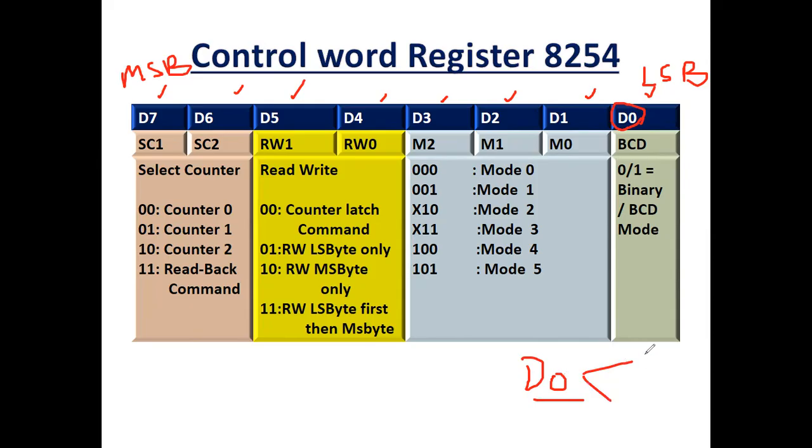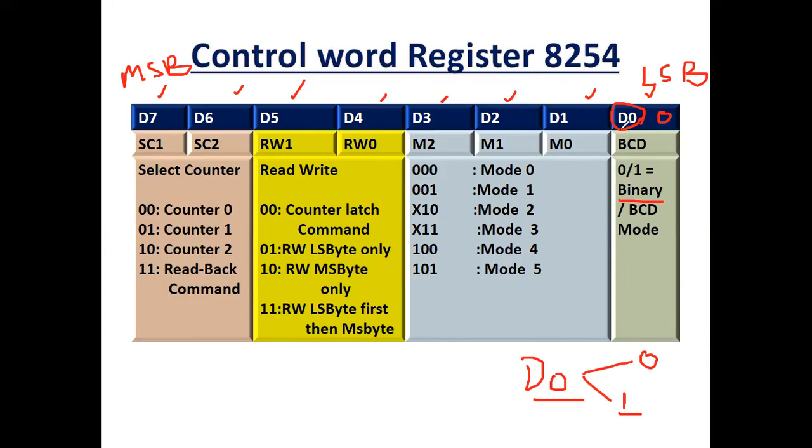It has either 0 value or 1 value. Only 2 values are possible for this D0 bit. So, if the programmer or user writes 0 or programs this bit as 0, then this 8254 timer IC will work in binary mode.